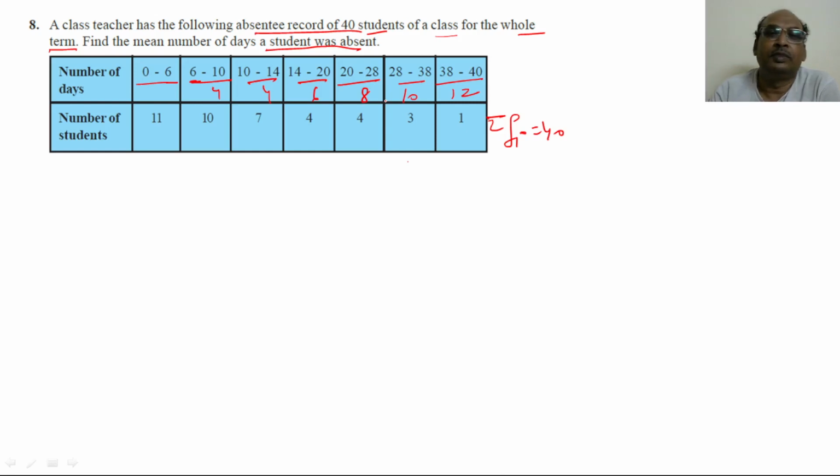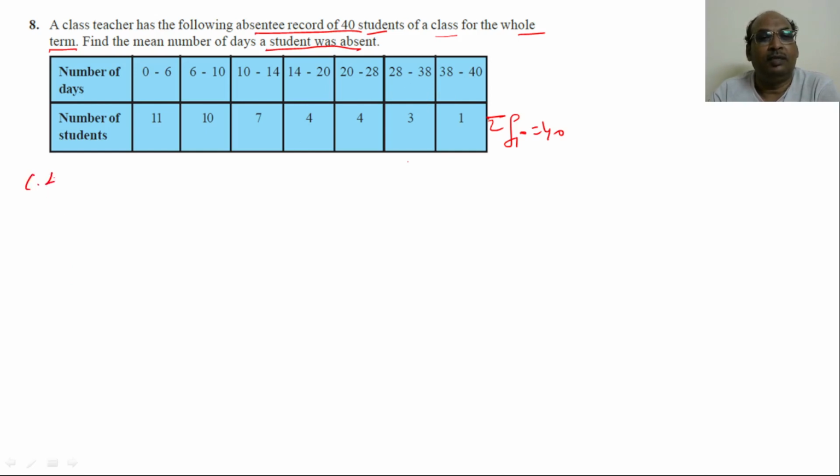So that class size we cannot use here, because for each class the size is different, and even when finding xi, we have to be very careful.